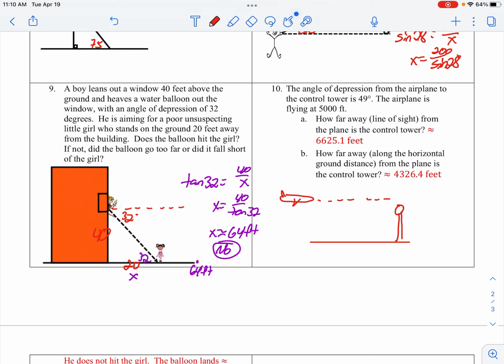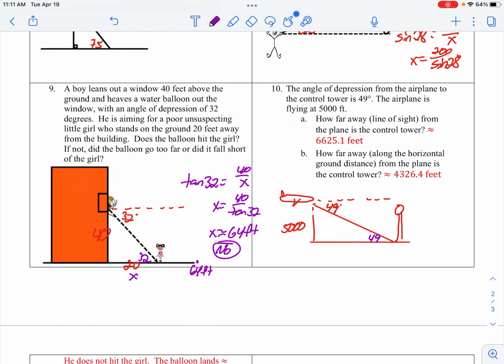Depression is off a horizontal, looking down, and the airplane is flying at 5,000 feet. So we know the airplane is 5,000 feet in the air. The line of sight distance, so that is the hypotenuse.